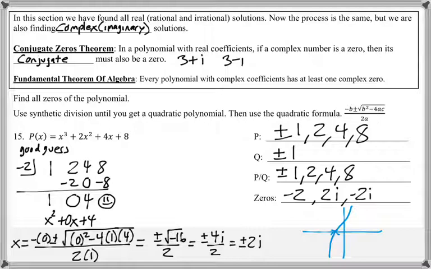It's a degree 3 polynomial, and we have 3 solutions. The reason we don't have 3 intercepts is because these are imaginary. They're not going to cross the axis. So this one crosses the axis, but these imaginary solutions count as solutions, but they're not going to be x-intercepts.